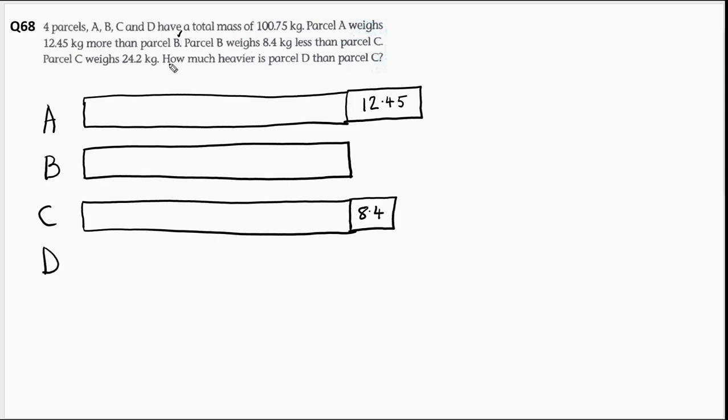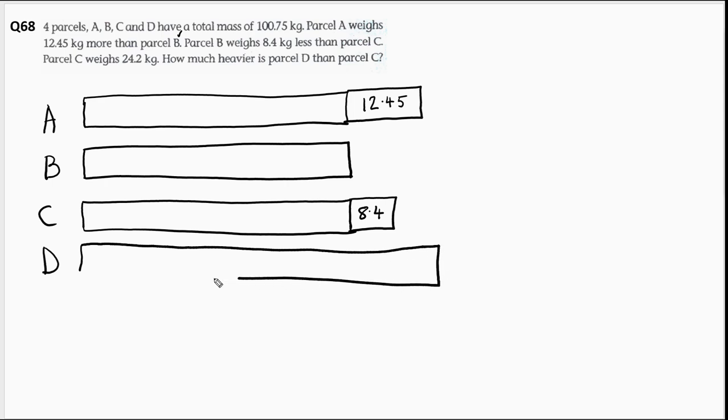Now I've got to also think about parcel D. The only clue that I have is how much heavier is parcel D than parcel C. So I know that D is at least heavier than C. I don't know if it's also heavier than A. I have no idea. I'm just going to draw a nice big bar for D. Okay, and I might as well mark that in there. But I don't know the value of this.